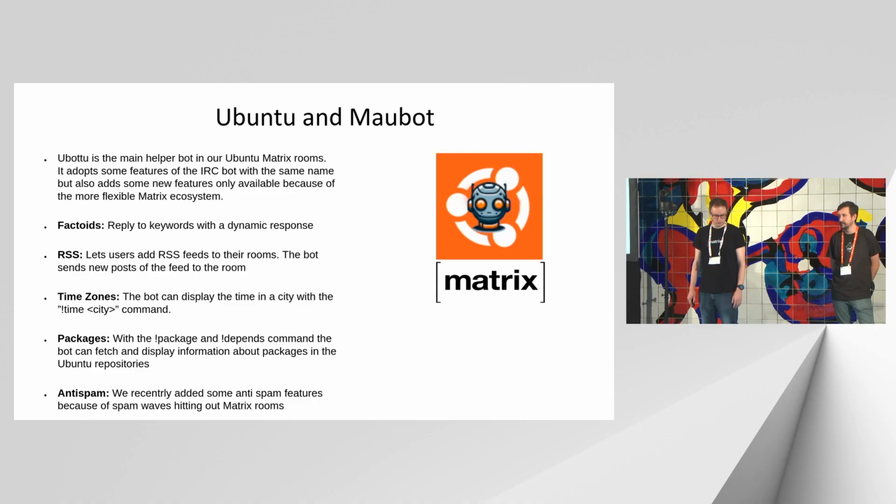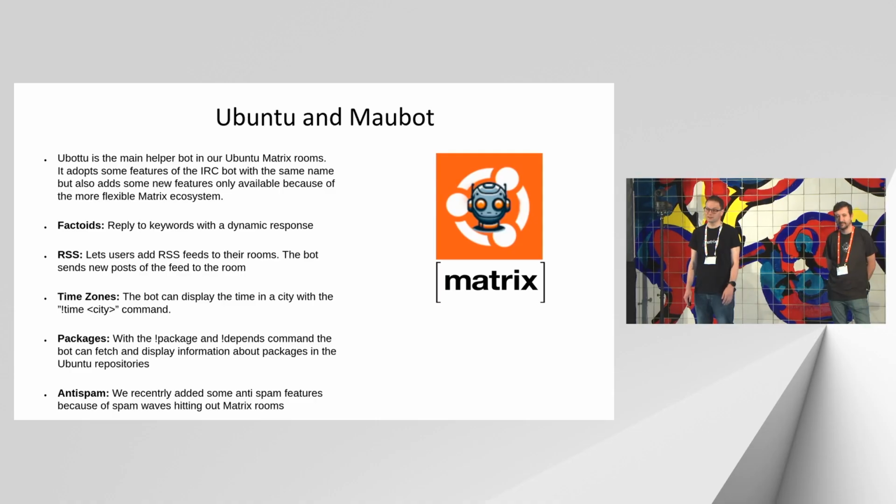It also has access to the whole Ubuntu package repository. So you can ask for any package name and it will give you the version for any distribution or release name of Ubuntu. And because, as Grégory said, we had some spam attacks going on, I actually had to implement some kind of anti-spam features of my own there.